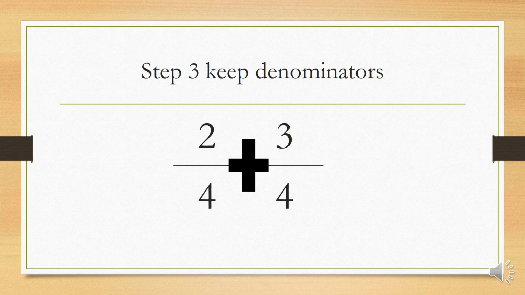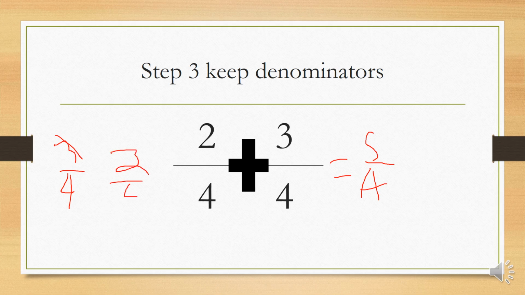Now, when I say keep the denominator, like 5 over 4, this step is actually not that essential, not that useful, right? But for different ones, let's switch it from 3 over 4 to 2 over 4 plus 1 over 4. Well, what does that become?